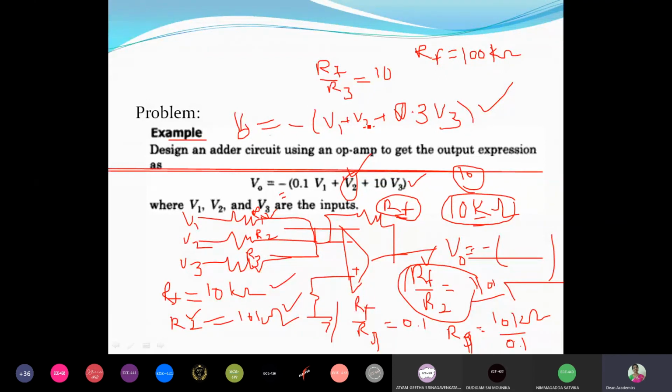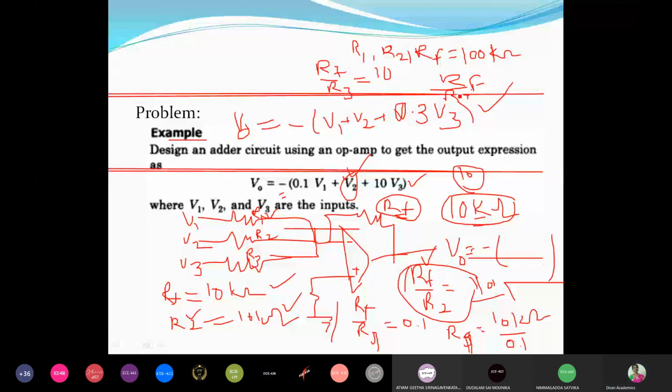Then what is R2? 100 kilo ohms, ma'am, same, because R1 is equal to 100 kilo ohms, R2 also is equal to 100 kilo ohms. Then what is R3? RF by R3 is equal to 0.3.